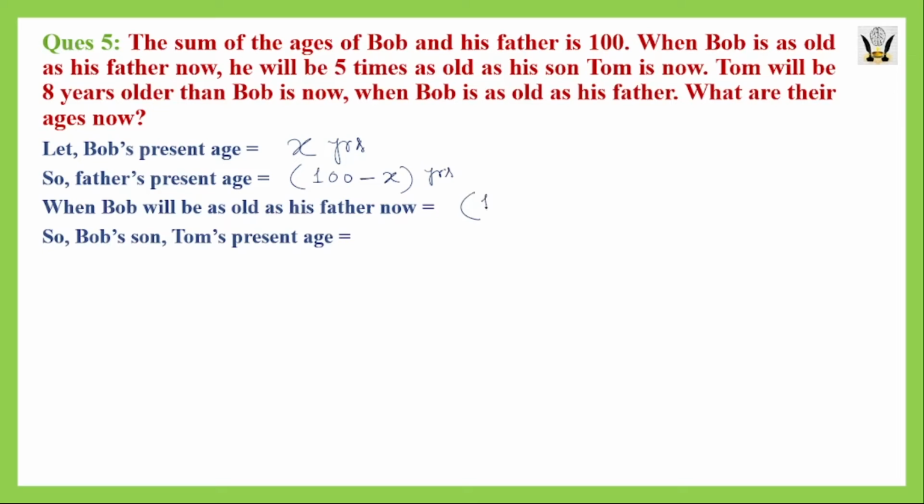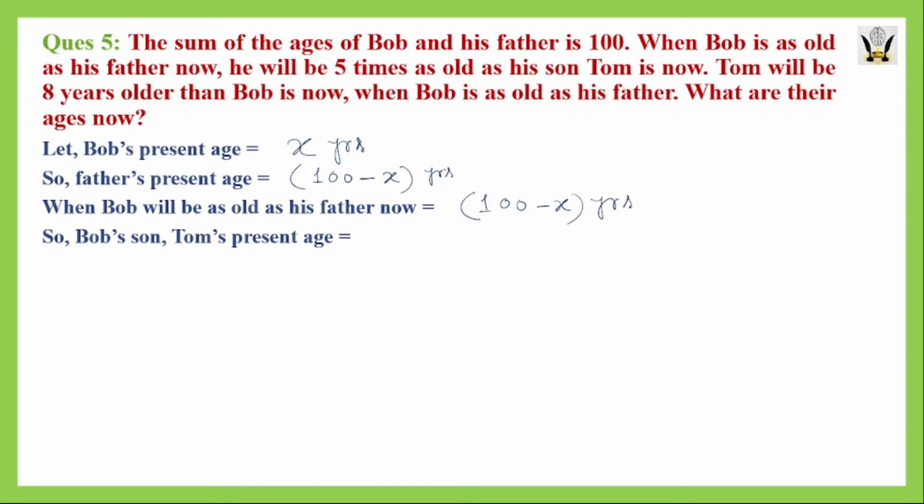So at that point of time, we don't know after how many years, but at that point of time, Bob's age will be 100 minus x years. Now when Bob will be as old as his father now, he will be 5 times as old as his son Tom is now.